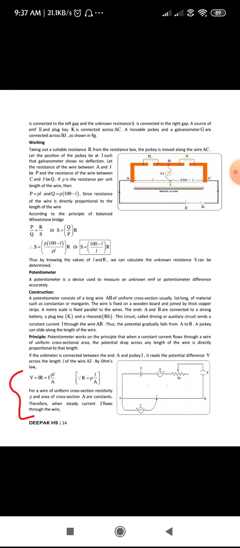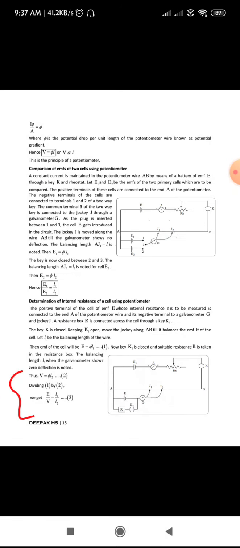So the next equation we have written, V is equal to I into rho L by A, can be written as I rho by A, that is nothing but equal to phi. Where phi is the potential drop per unit length of the potentiometer wire, known as potential gradient. Hence we write V is equal to phi into L, where phi is a constant.